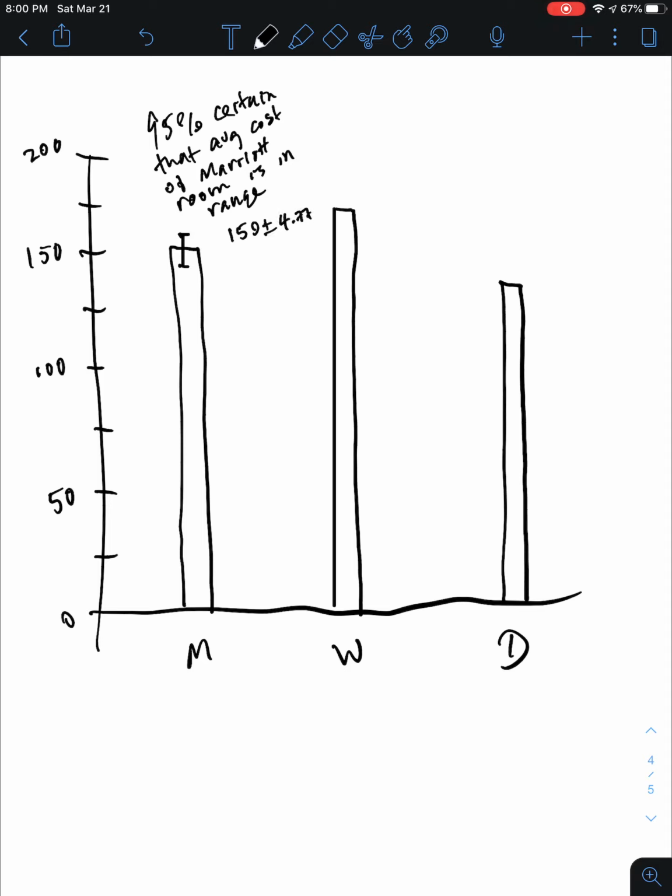So when we quote this, we quote the point estimator and we quote the margin of error. To be useful, we need to put both of them.